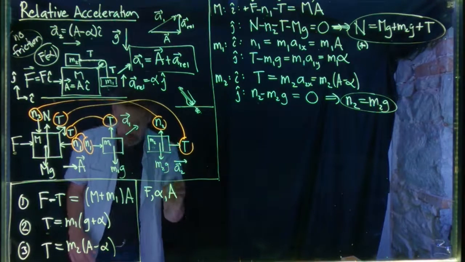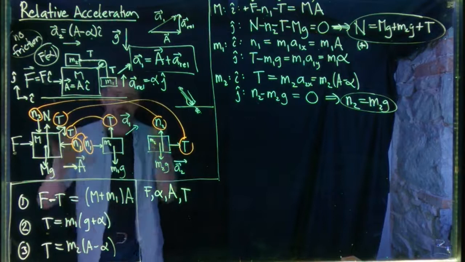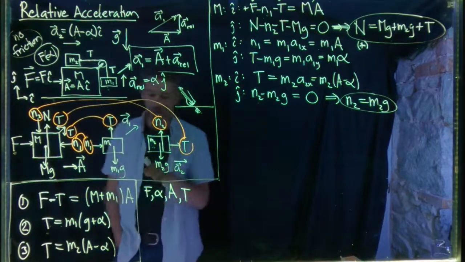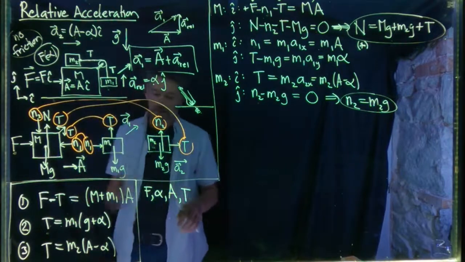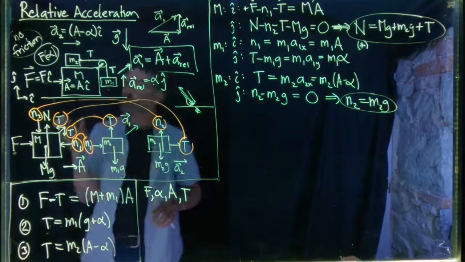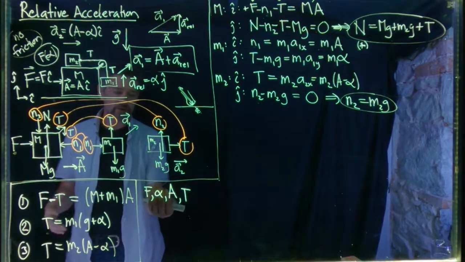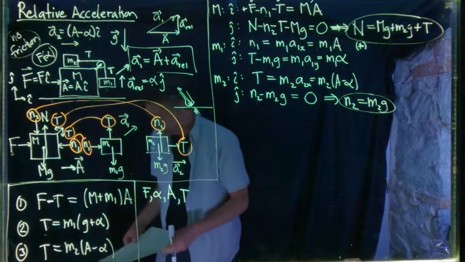A, and T. So, assuming that the masses are known, there are four variables here. And these are three equations, which means that you are able to solve for one variable in terms of the other. And that's really what we're going to do. At the end of the day, we're going to specify, for example, alpha. So that is no longer an unknown.